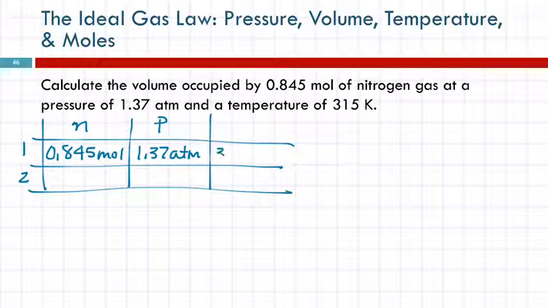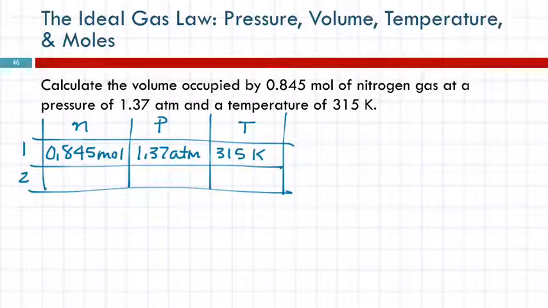Temperature is 315 Kelvin. Do I need to do anything to that? No, because it's already in Kelvin. The gods are smiling on us. I ran out of numbers. I don't have anything for the second row. That's because nothing's changing. This is just a gas sitting there.